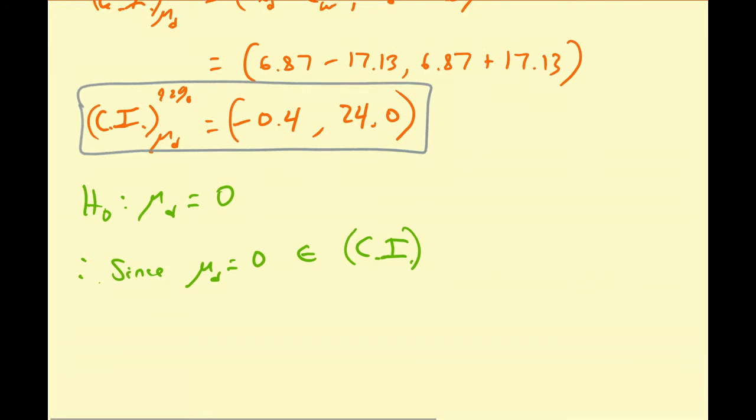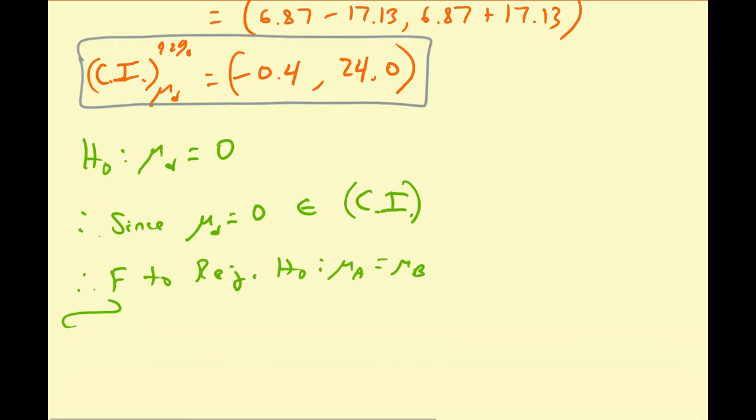Barely, because it's really close to this left hand, but nonetheless it does agree with it to some degree. So since this is true, we're going to fail to reject the null hypothesis that mu a equals mu b.